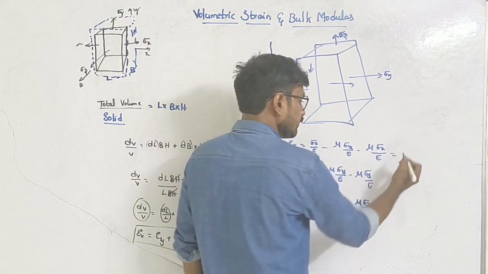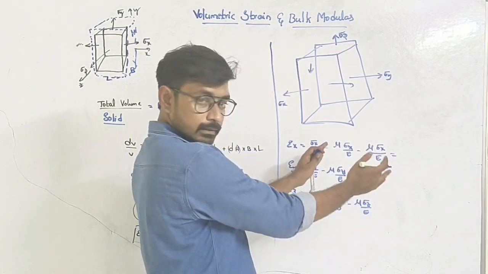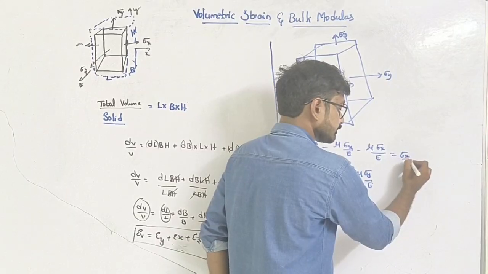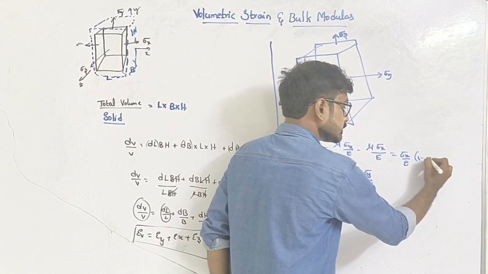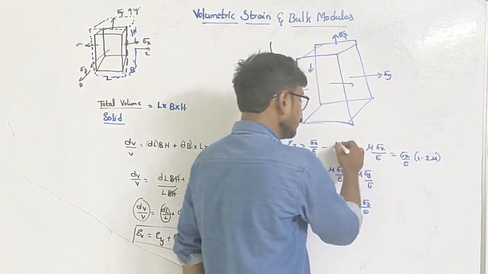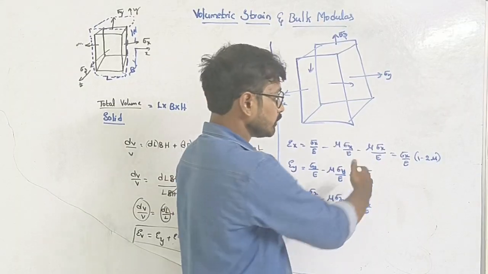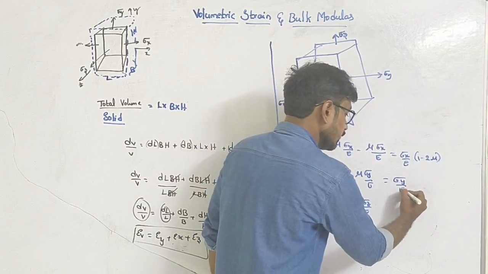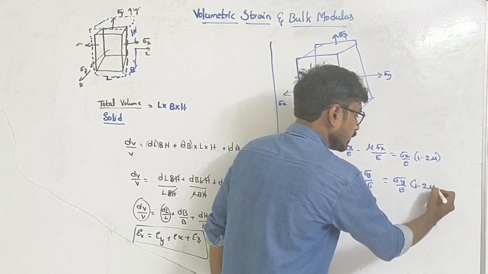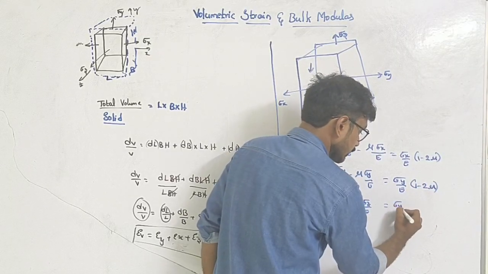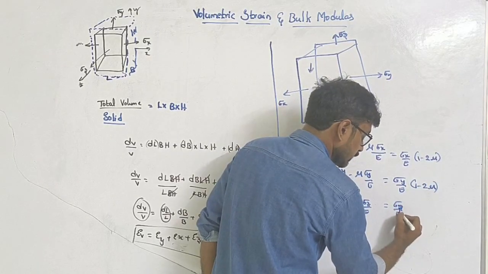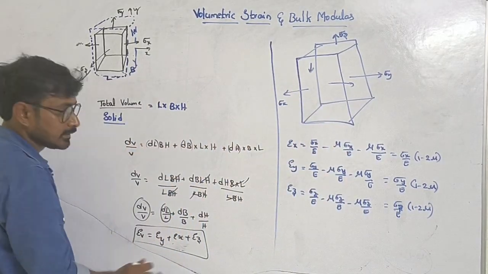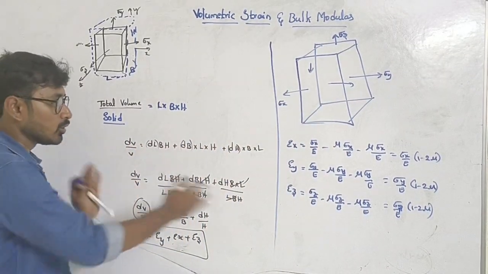So let us simplify this. When we take out sigma x by E, the expression becomes 1 minus 2 mu, because there are two mu's, each with a minus sign. Sigma y by E will become the same way, and sigma z also becomes 1 minus 2 mu. For the volumetric strain, we need to sum up all these things.